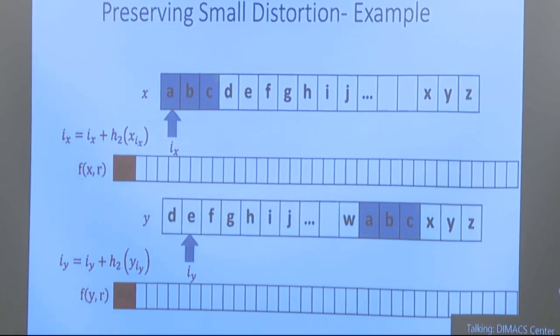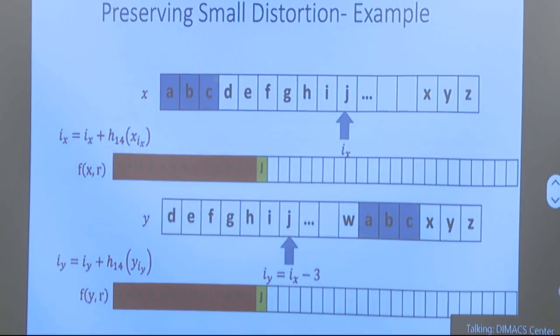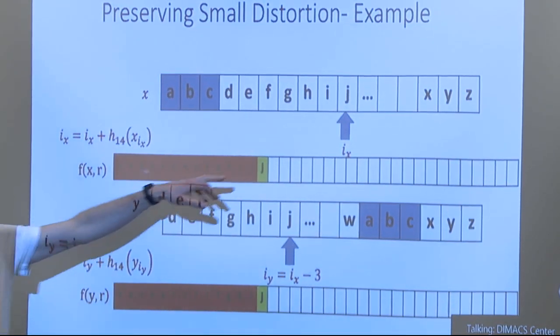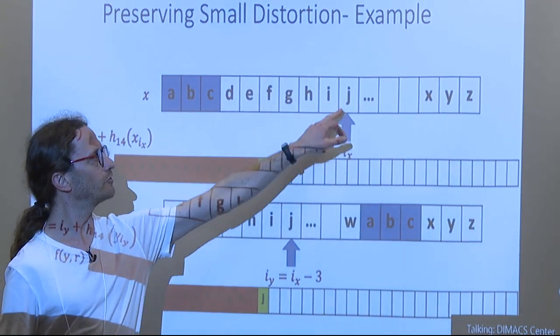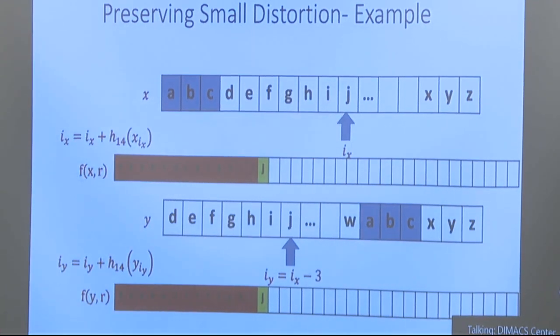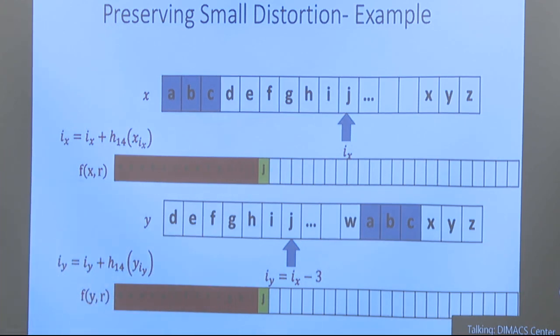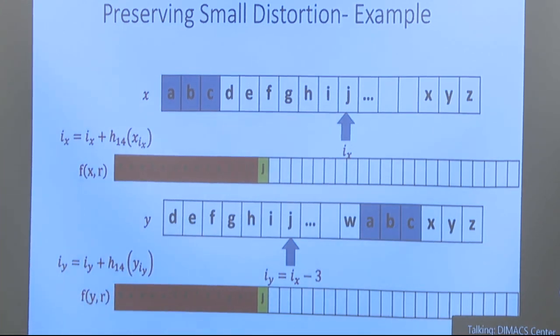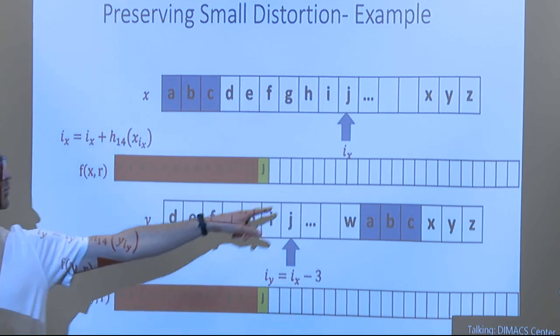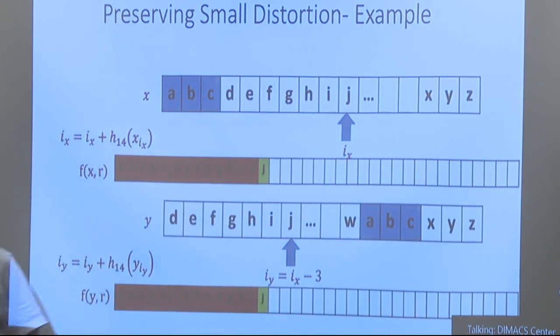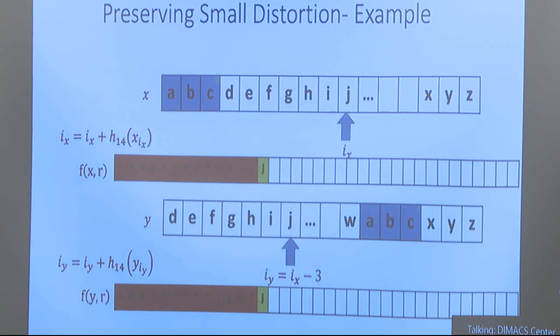We keep on that several times. And then, at some point, what happens? At some point, we look at I of x, it points to j, and I of y also points to j. This will happen whenever the difference between I of x and I of y will be 3.